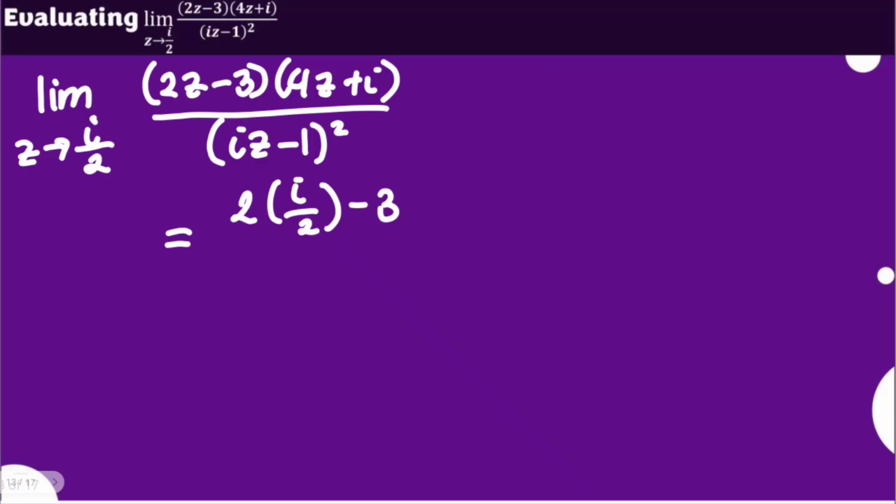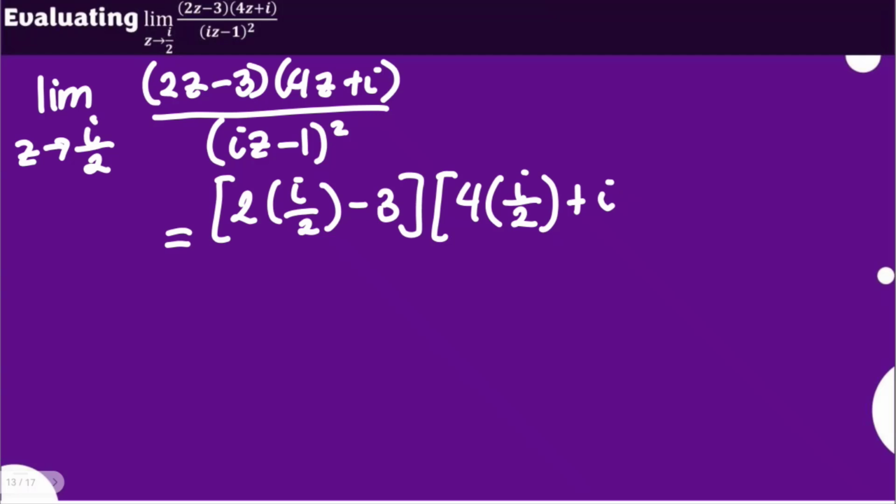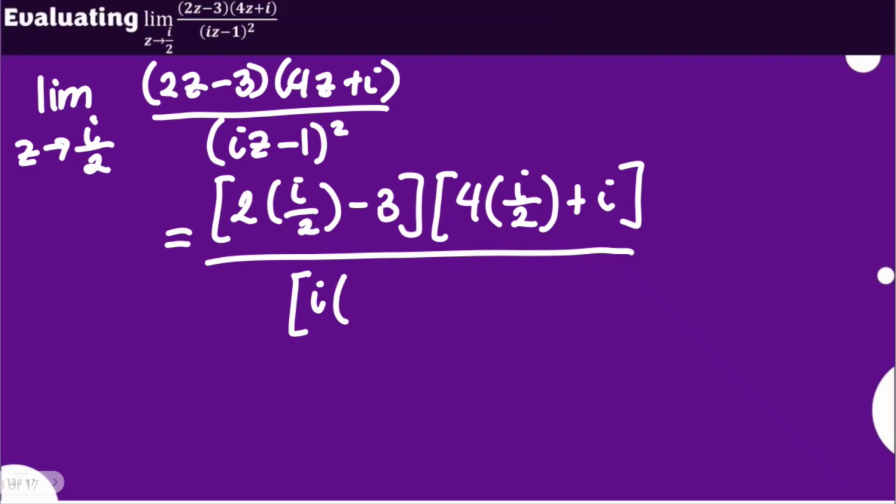For the second, you have 4 times your z, which is i over 2, plus i, and then you close the bracket, all over your denominator. You have i times i over 2 minus 1. Take note, you're squaring that. Okay, so that's the substitution. All the z's were substituted by this value.